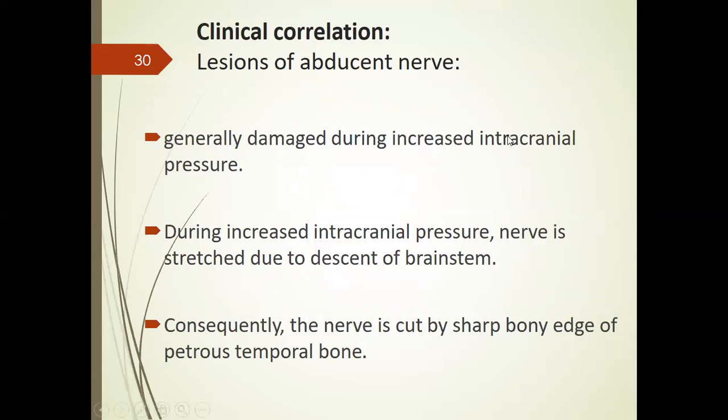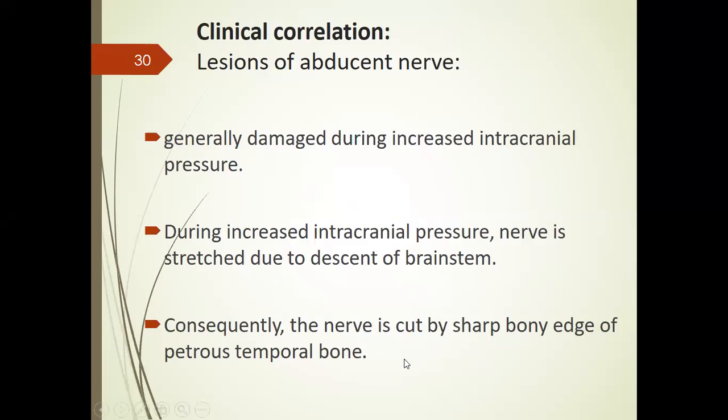Now, injury to the abducens nerve. This injury or lesion occurs because of increased intracranial pressure. If there is increased intracranial pressure, the nerve is stretched due to descent of the brainstem.